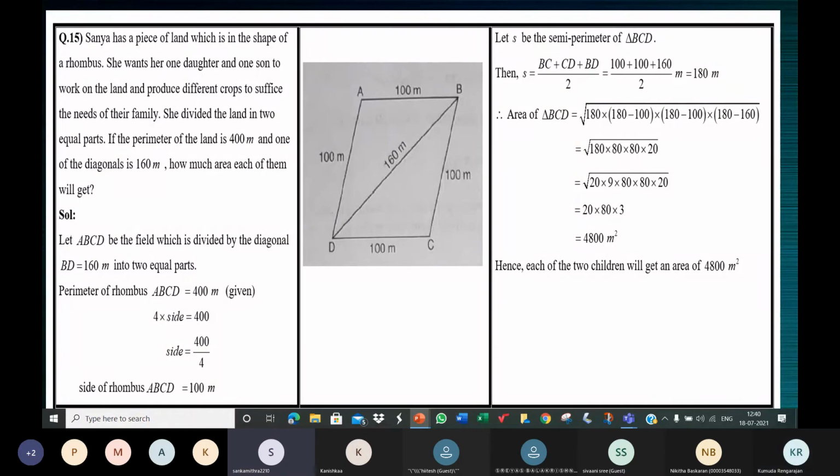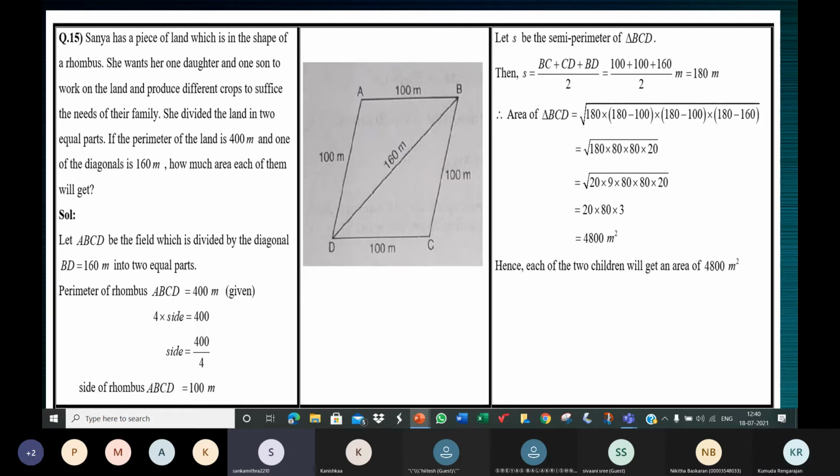Sangamitra, which is the triangle you took up? AOB, ma'am. Okay. In AOB, AB is 100, OB is 80, and you'll have to find which one? AO. Yes, right, continue. 100 square is equal to 80 square plus AO square.